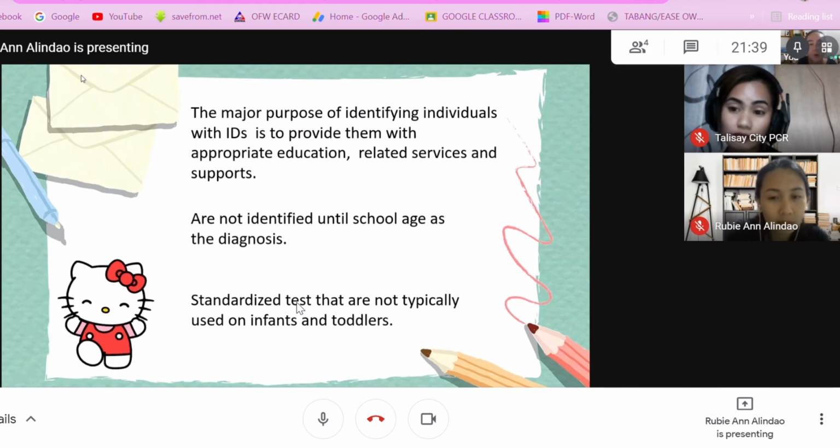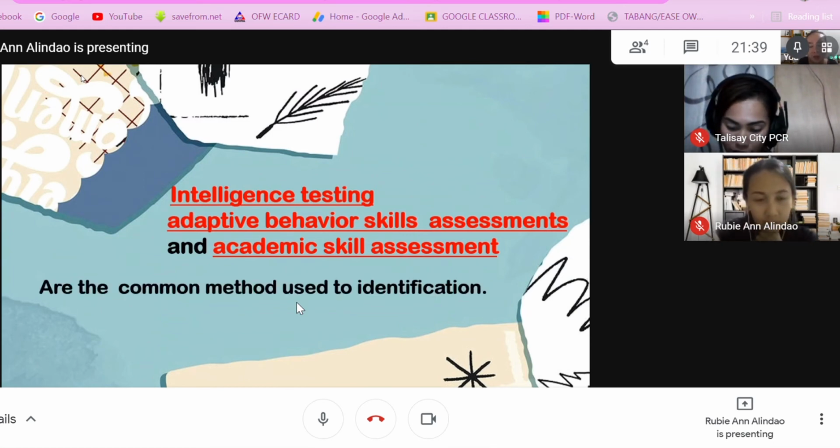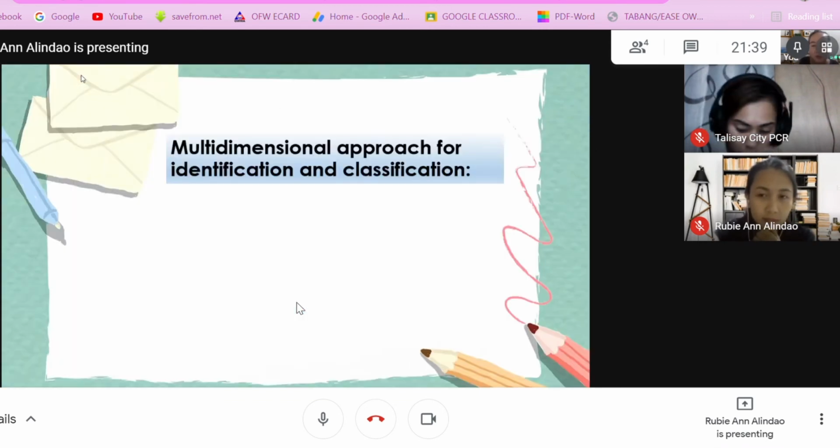The diagnosis requires administration of standardized tests that are not typically used on infants and toddlers. Right, intelligence testing, adaptive behavior skills assessment, and academic skills assessment are the common methods used for identification. Right, a multi-dimensional approach for identification and classification.